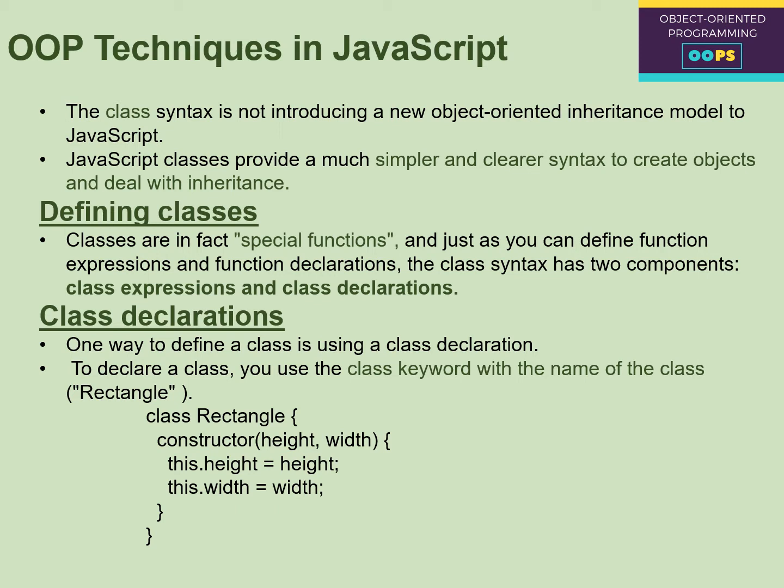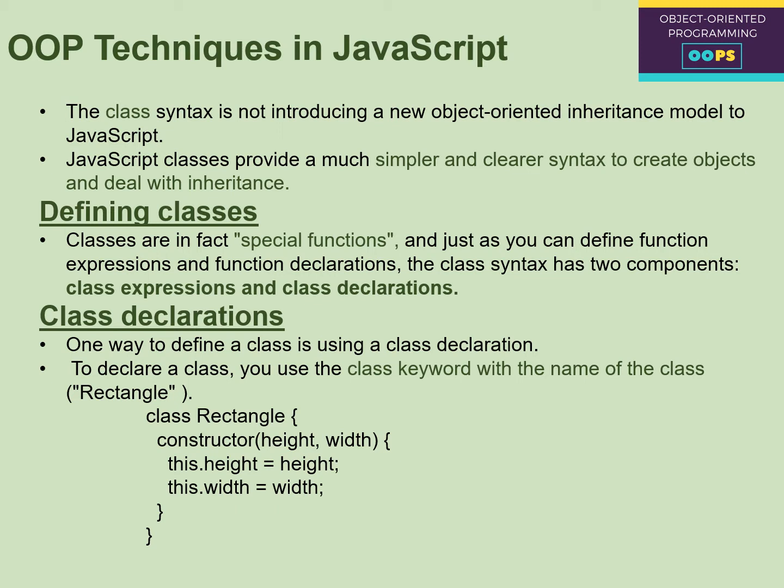Next we see how we can define classes. Classes are in fact special functions, and just as you can define function expressions and function declarations, the class syntax has two components, class expressions and class declarations. So in JavaScript, if you are going to define a class, the class definition is similar to creating functions.